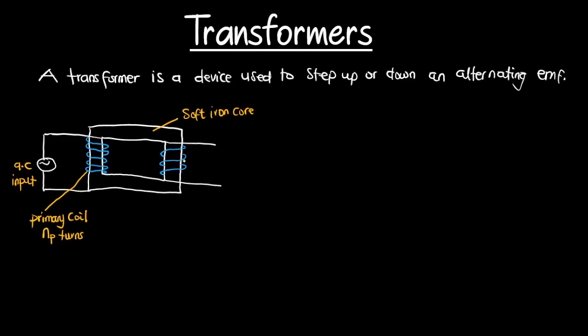Since this is the primary coil, this over here is obviously the secondary coil. And the number of turns is NS, the number of secondary turns. So we have the soft iron core, the AC input, and then this is where we have the AC output.